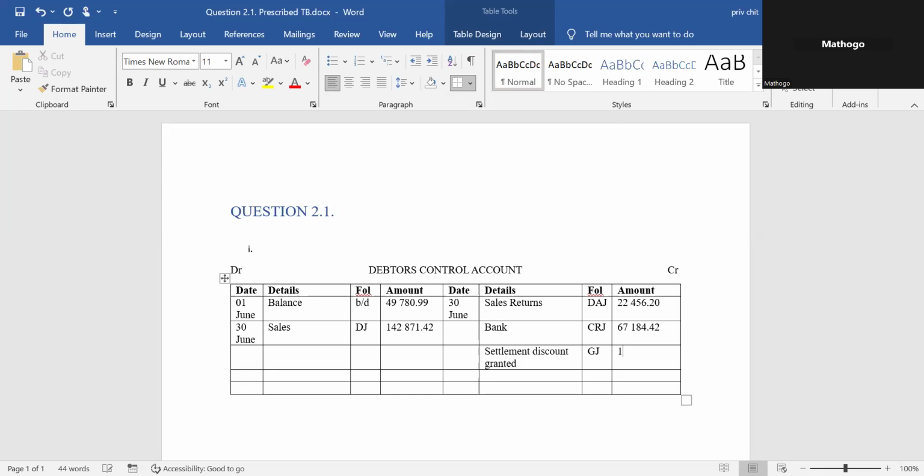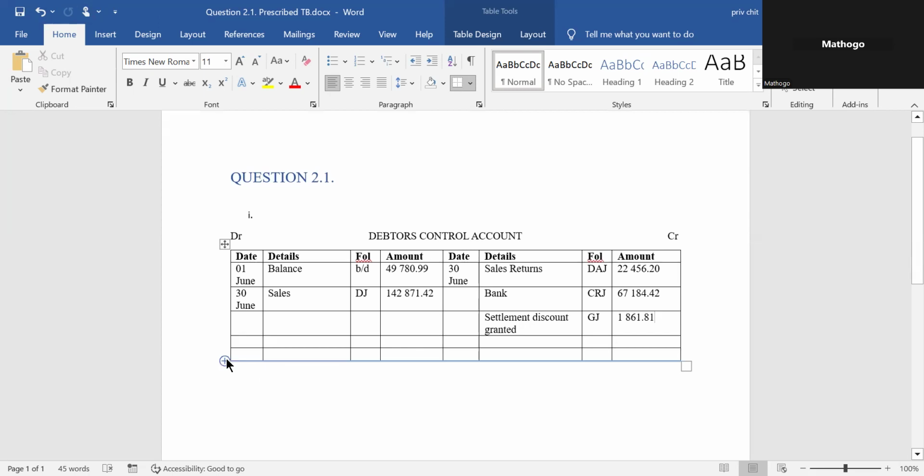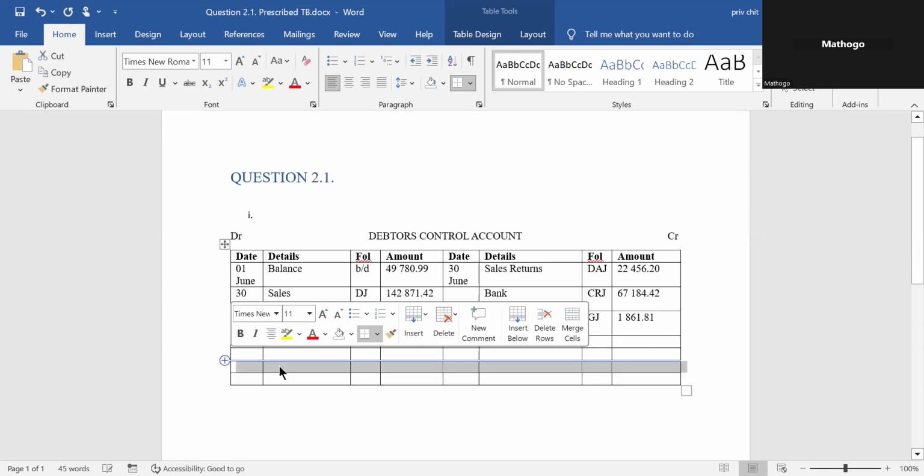And how much is the amount? 1,861.91, right? No, 81. Oh, 81. Sorry, I put 91. All right, I wanted to test if you're paying attention to detail. No problem, no stress.